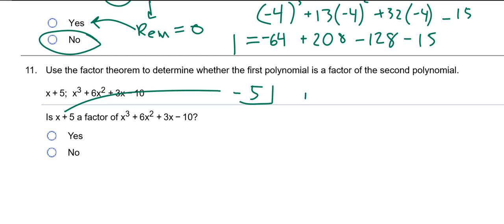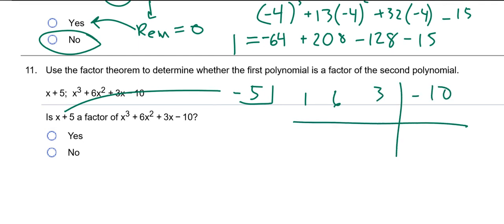but we could do this. We could do 1, 6, 3, -10. Multiply, carry down the 1, right? Multiply, add. Multiply, add. Multiply, add. Is the answer yes or no?